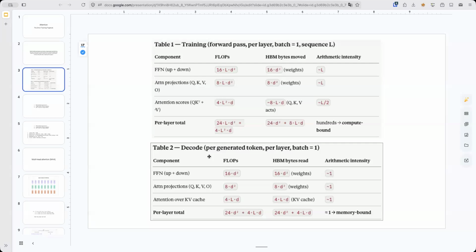That means that we do FFN only for one new token, attention projections for only one new token, but the attention over the KV cache still has this L term. So during decode, we have effectively a memory-bound process, which is dominated by the attention over the KV cache.